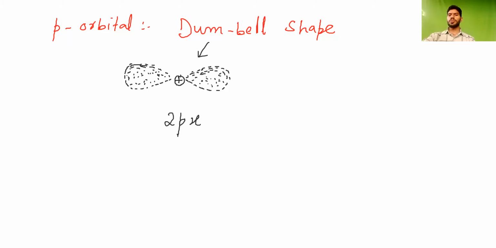What will be the shape of 2py? Let's say this is your x-axis. If I draw here, this is your y-axis. That means, if this is the nucleus, the electron cloud will be just like this. Correct?